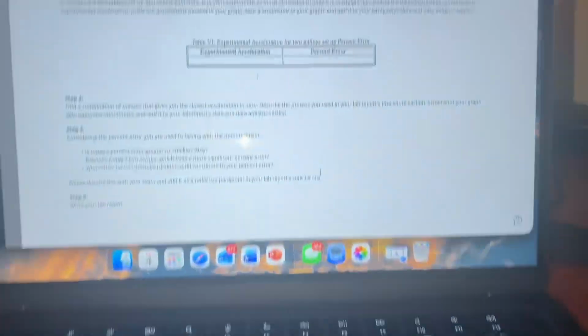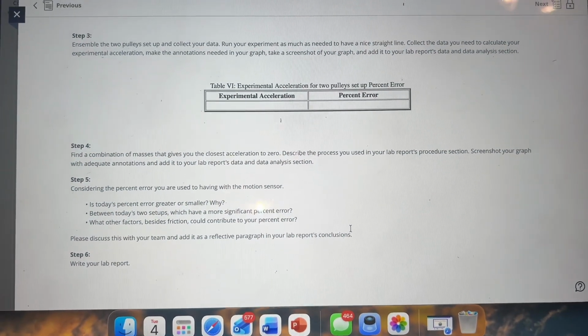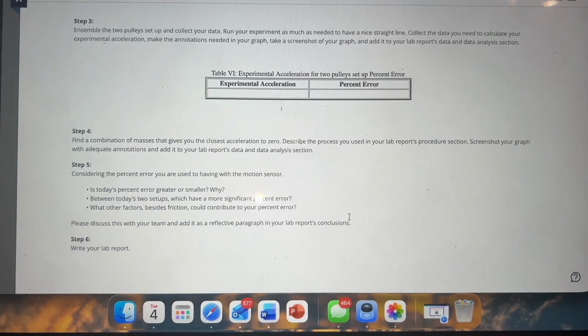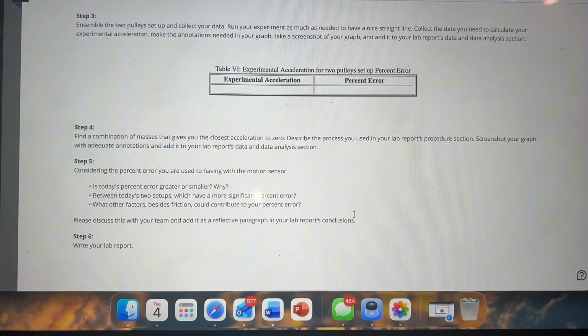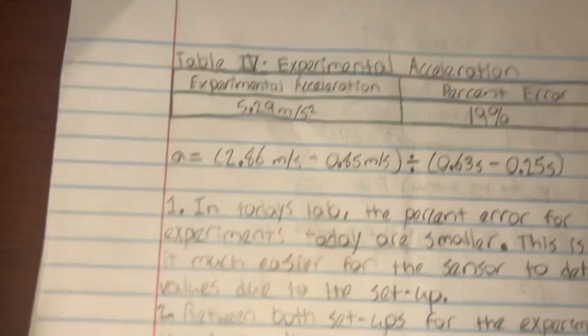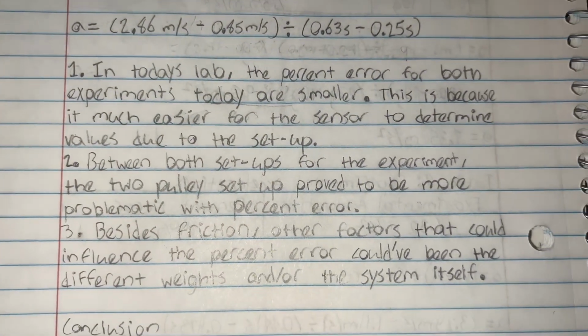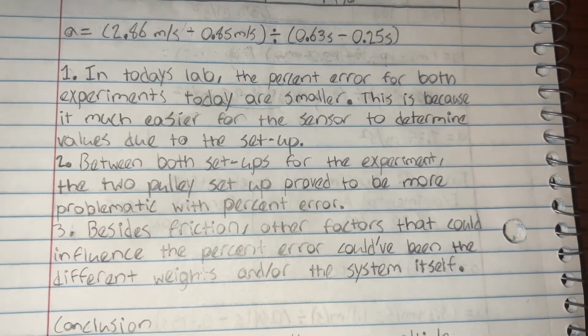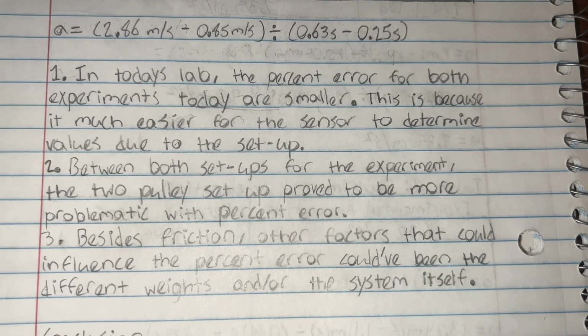Now jumping into question 2, it says, between today's 2 setups, which one had more significant percent error? As described earlier, between both setups, the experiment for the 2 pulley system proved to be more problematic with the percent error.